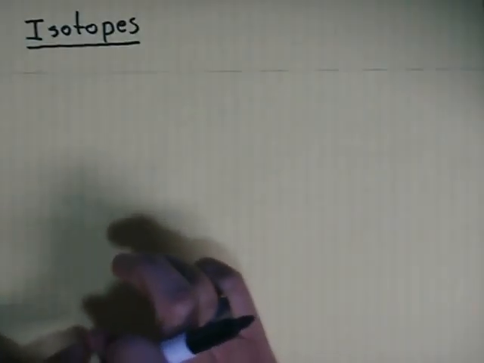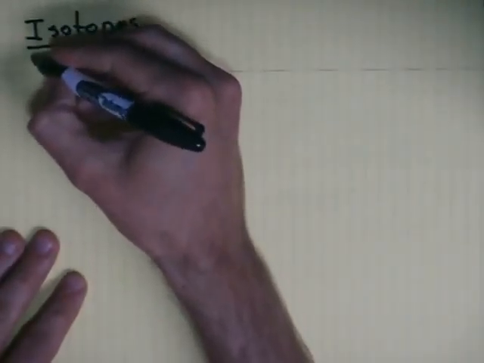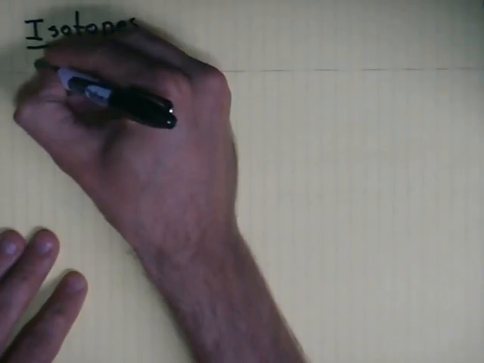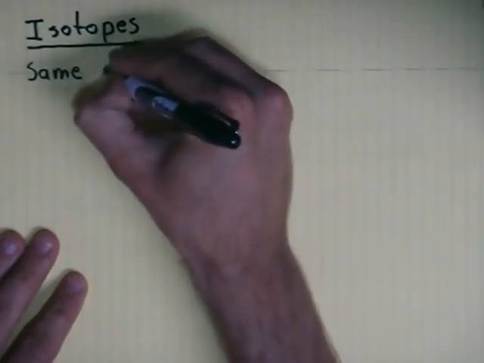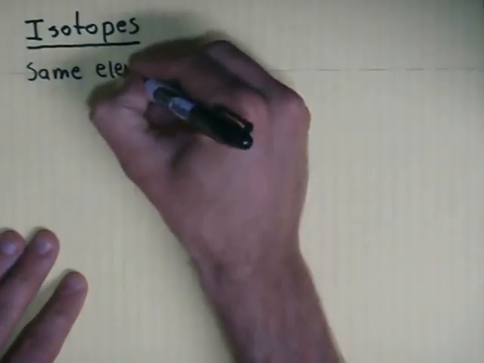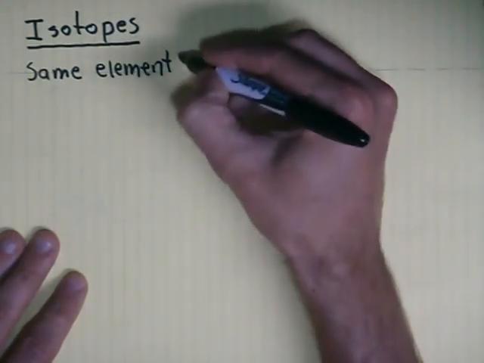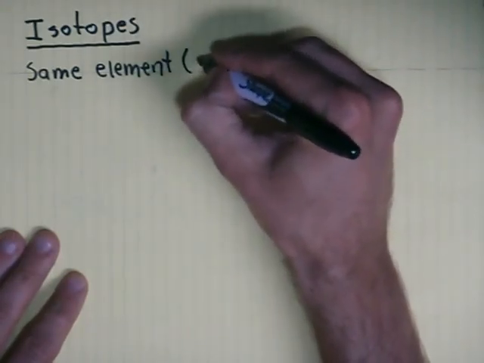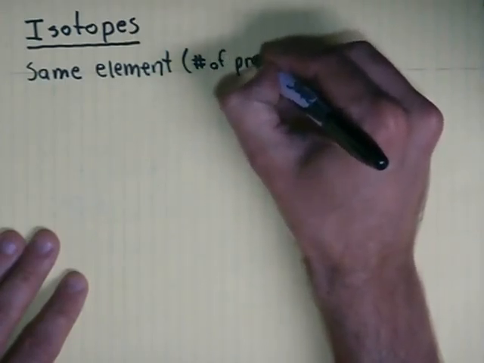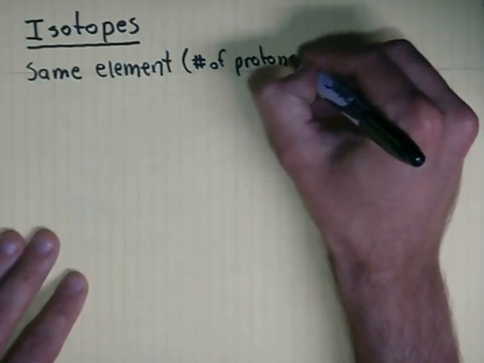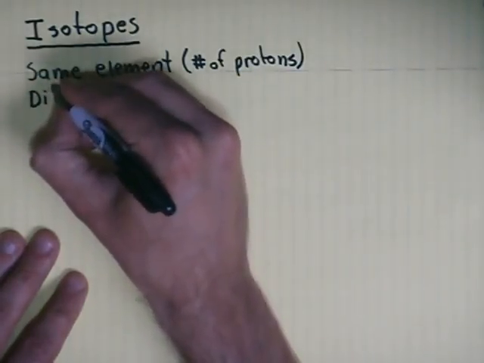So if we remember, isotopes are when you have the same element, so in other words, same number of protons, but different numbers of neutrons.